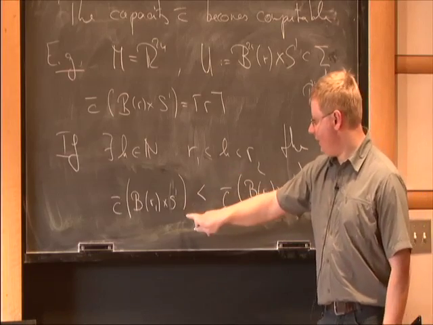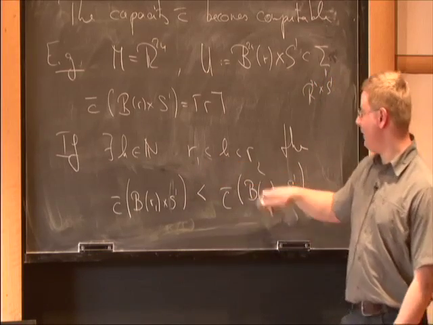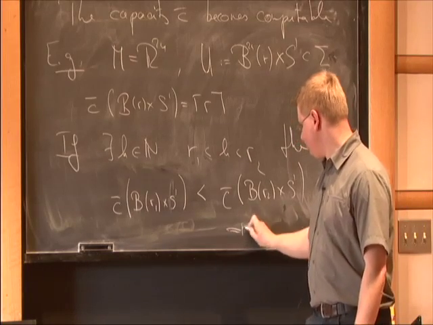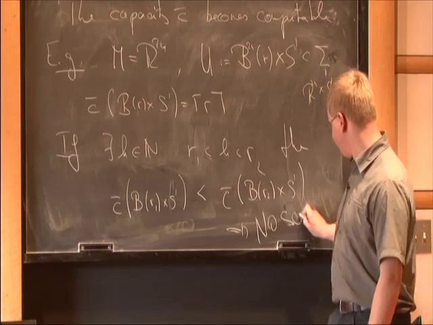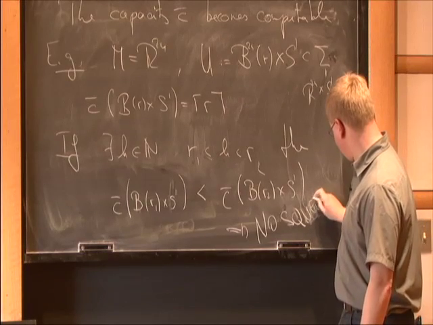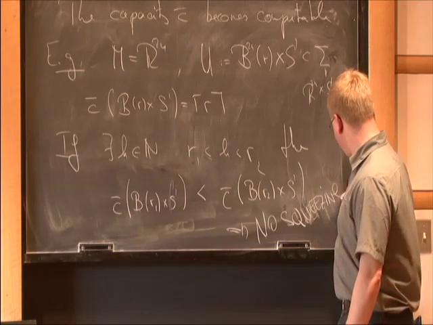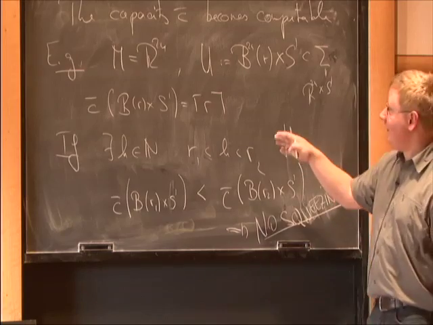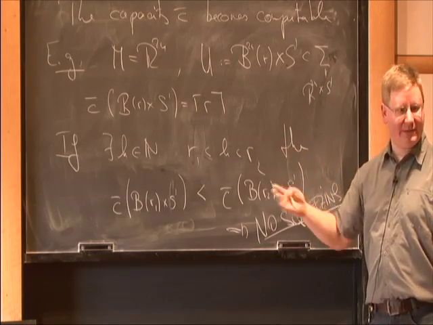Because the integer part of R1 is less or equal than k, but the integer part of R2 is strictly larger than k. So no squeezing. And this is precisely Eliashberg-Polterovich, but these capacities are in a much broader situation, in a sense, computable.